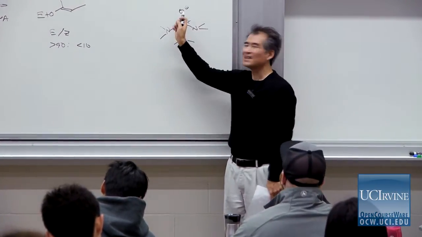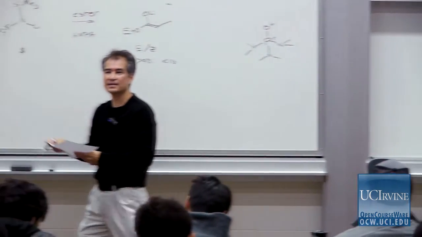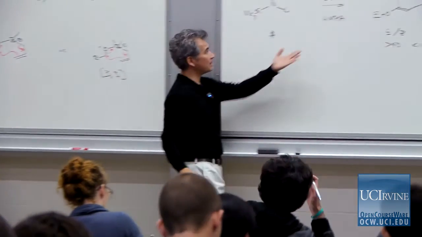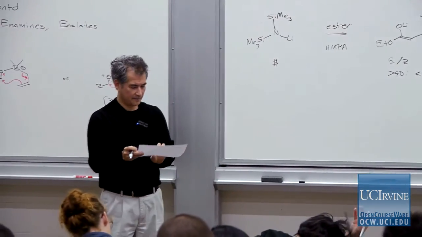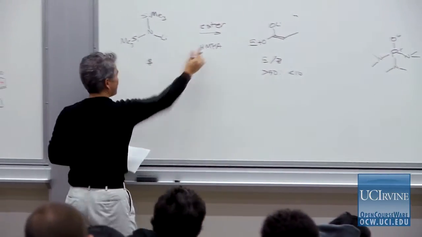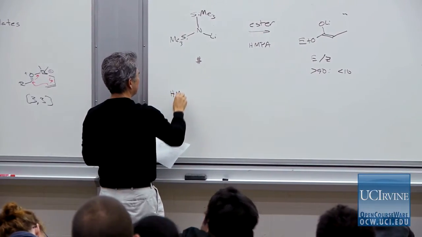And because of that, it loves to coordinate lithium. And it keeps the LDA from coordinating to the substrate. So you disrupt that six-membered transition state. And ultimately, you end up getting the opposite isomers predicted from that Ireland transition state. OK, so HMPA, hexamethylphosphoric triamide, disrupts that.